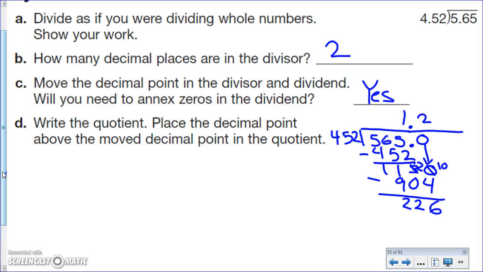So we're going to add yet another 0 onto the end of our dividend and bring it down. 452 is going to go into 2,260 exactly 5 times. So our answer, our quotient, is 1 25/100.